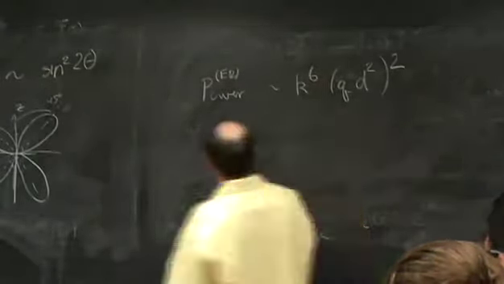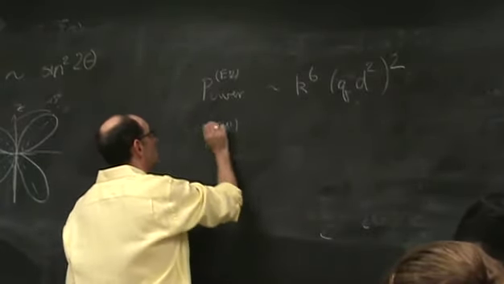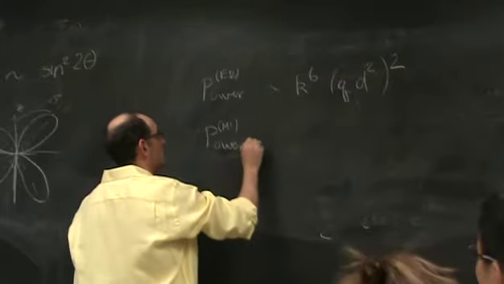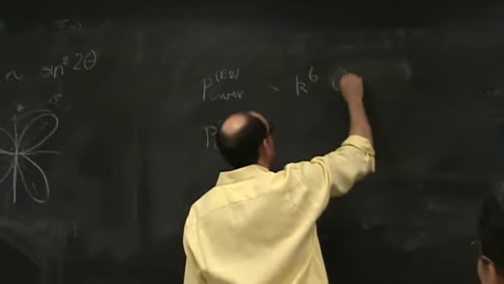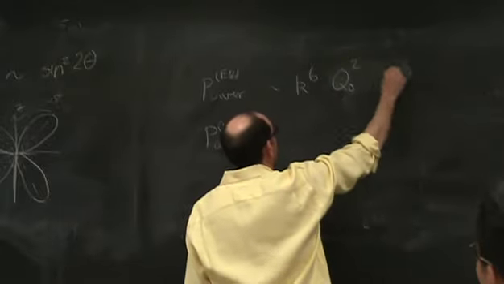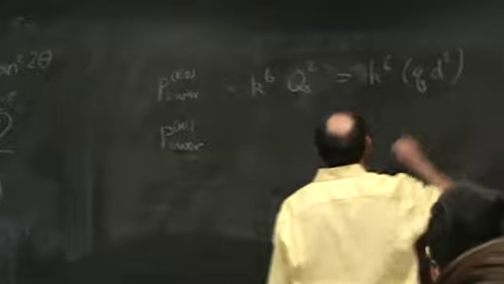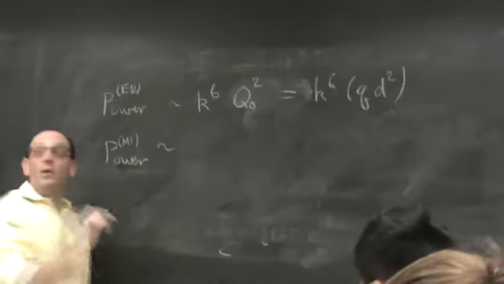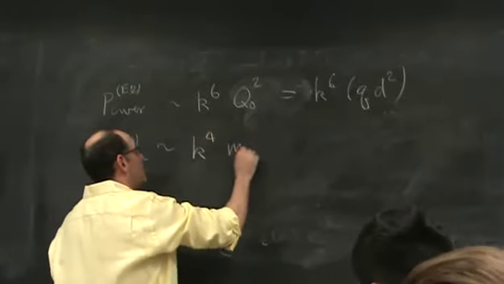The power radiated in magnetic dipole, let me write this form. Let's call this Q0 squared, which would equal K to the 6th QD squared. What we have over there was K to the 4th M naught squared.